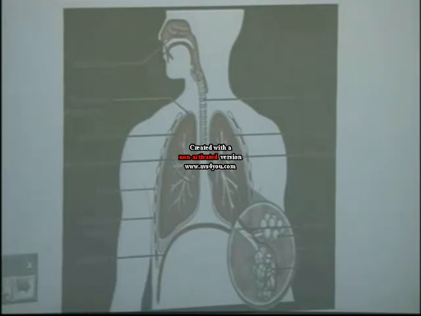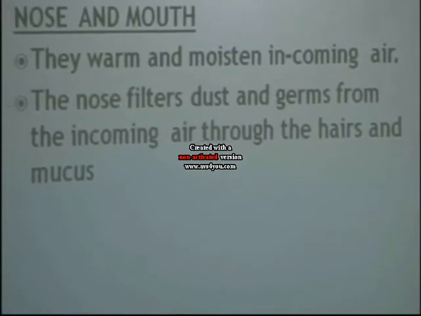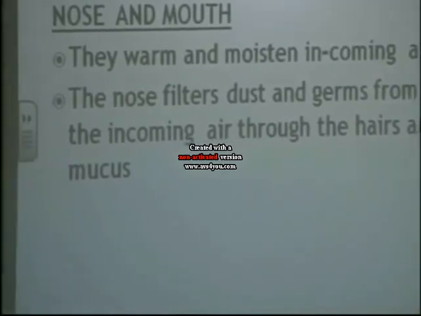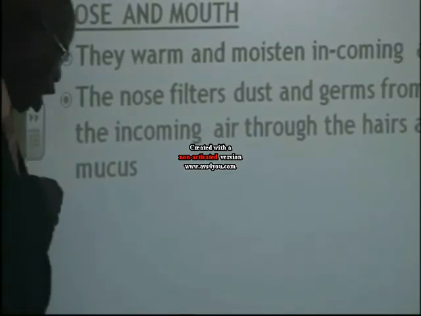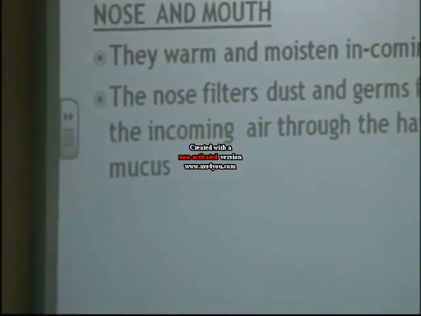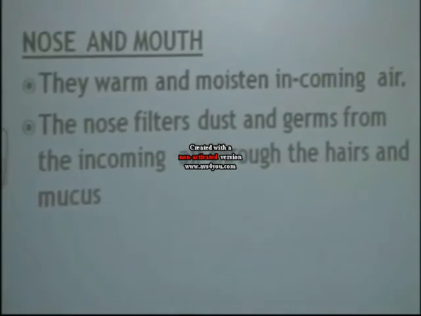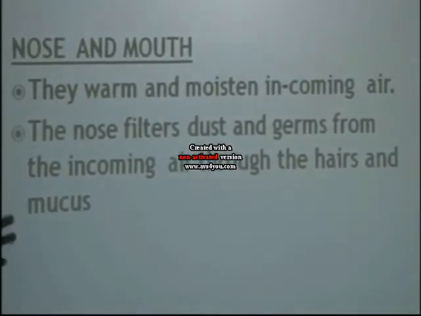But let's pick all these organs one by one and see the part they actually take in respiration. Don't forget we said that the organs and structures that an organism or an animal uses for respiration make up what we call the respiratory system.